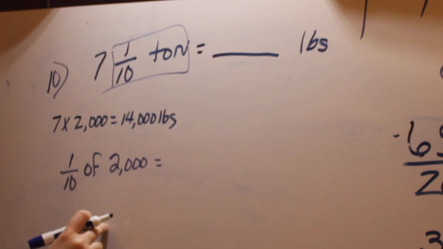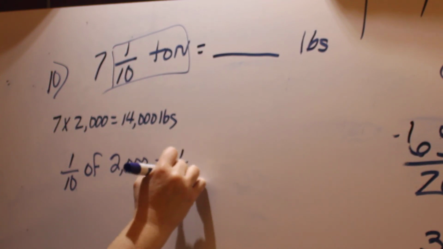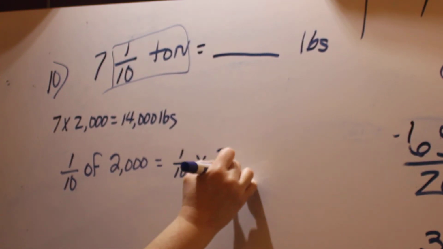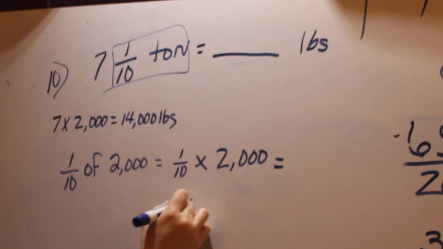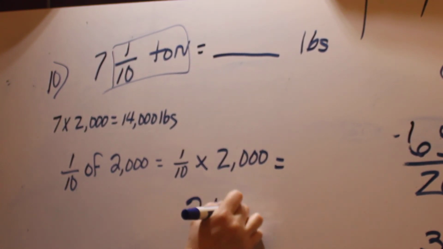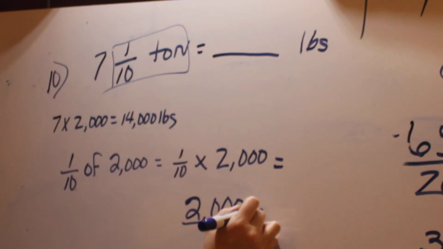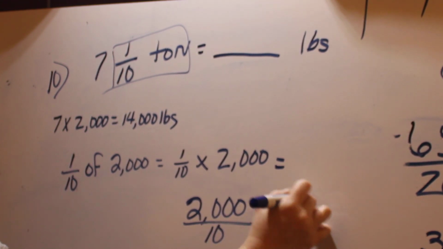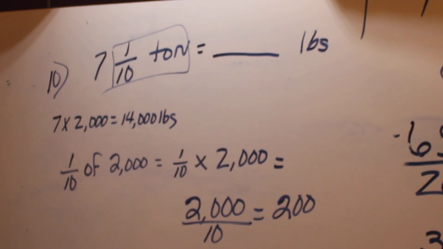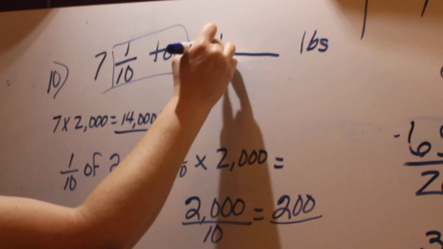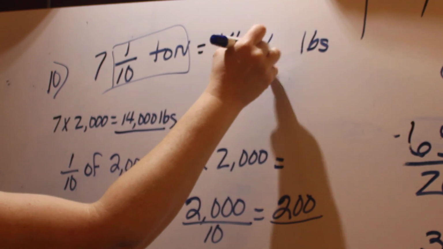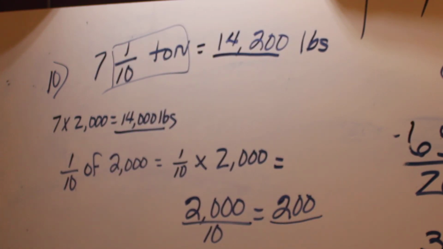Isn't this the same thing as saying 1/10 times 2,000? Which becomes 2,000 over 10, which is 200. So then you have to add them together. 200 plus 14,000 is 14,200.